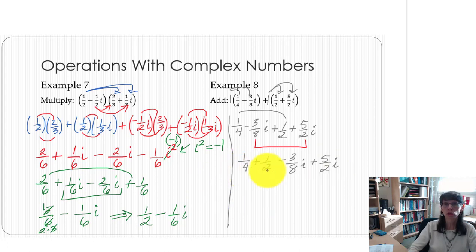So these first two terms are like terms, and they do not have a common denominator. Between 4 and 2, we know that 4 is the same as 2 times 2, which we would call 2 squared. Since both denominators have factors of 2, we use the highest power of that factor.